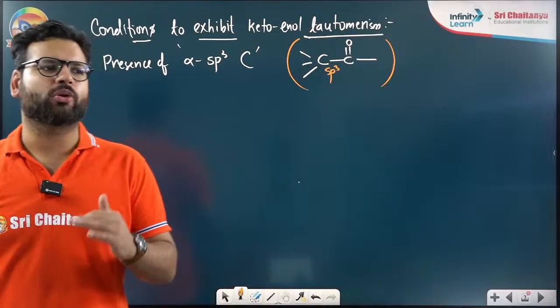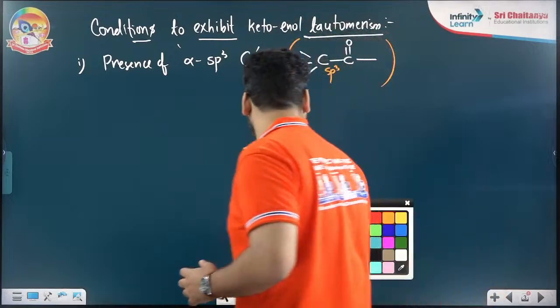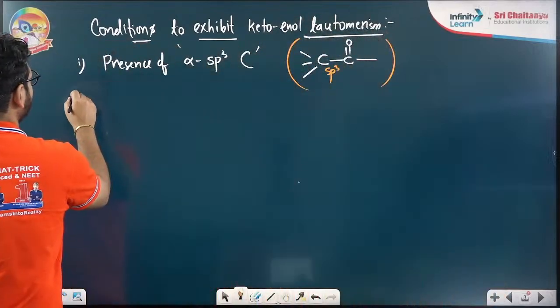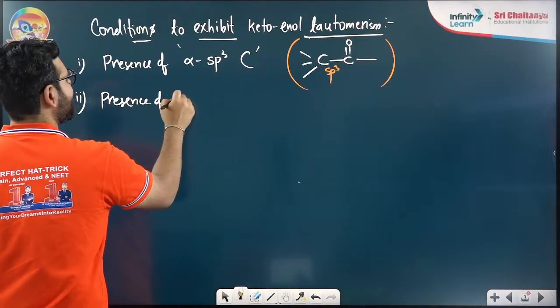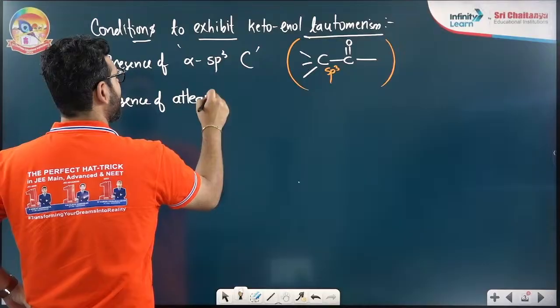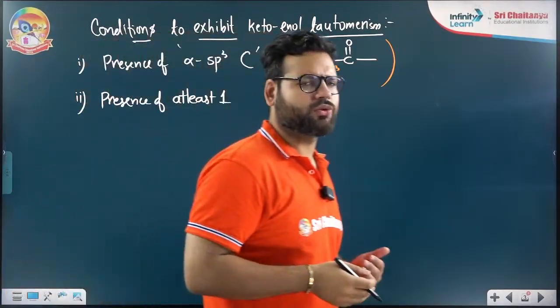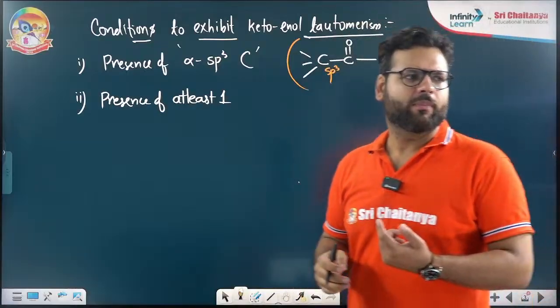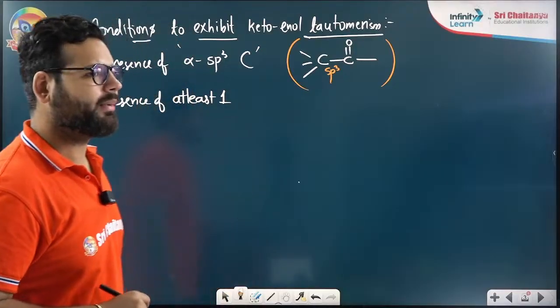The second condition is, proton shifting obviously requires a proton. So an alpha proton must be present. So the second condition is presence of at least one alpha hydrogen on the alpha carbon. There can be 2, 3 also, not a problem. Only one will shift. Yes, Neeraj, that will come at the end, intramolecular.